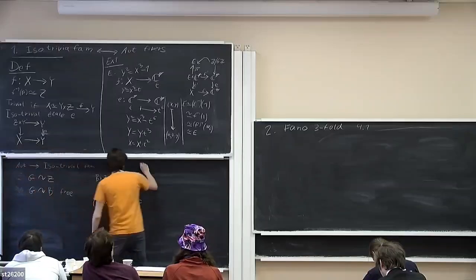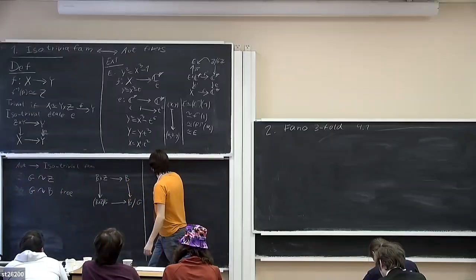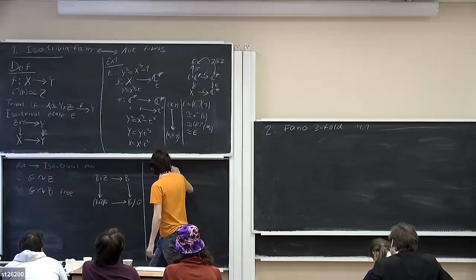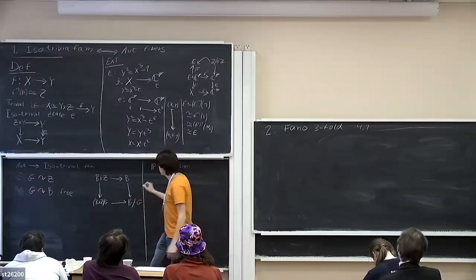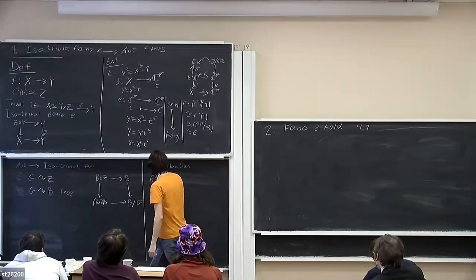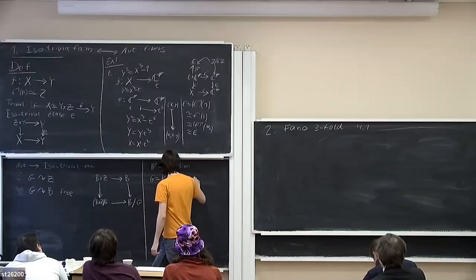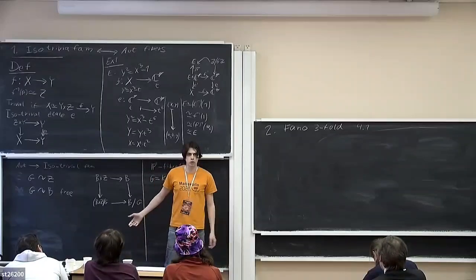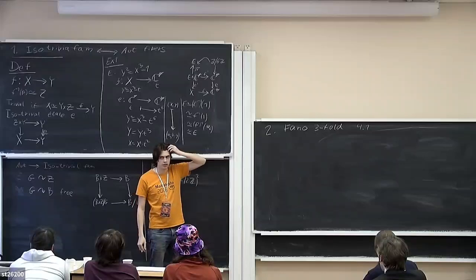So I would like to construct some isotrivial P1 fibration. And the group that I would like to use is the Klein four-group. Does somebody have some ideas or know how the Klein four-group can possibly act on the projective line?